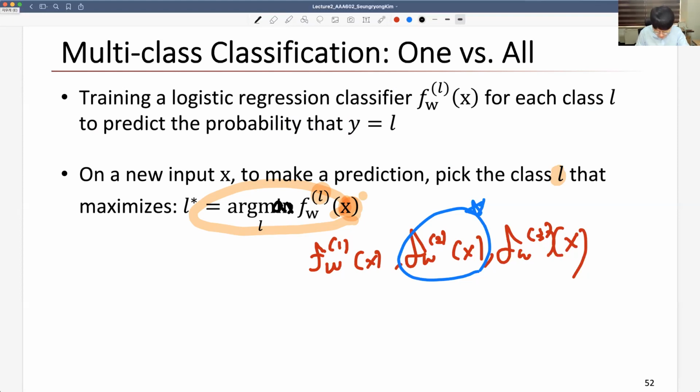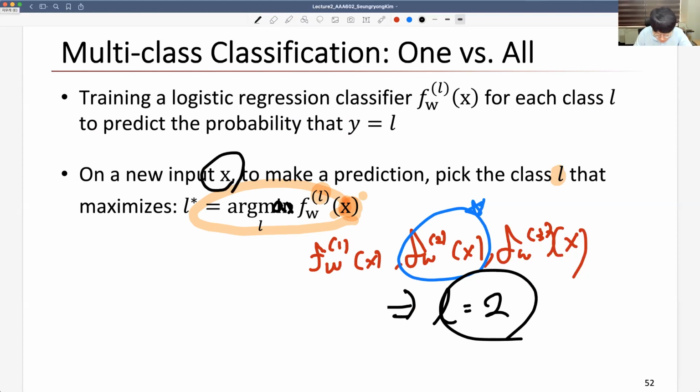If this class is the maximum, that is equal to 2. So in this case, we can say that this given X sample should have the second class. That's the way to solve the multi-class classification problem.